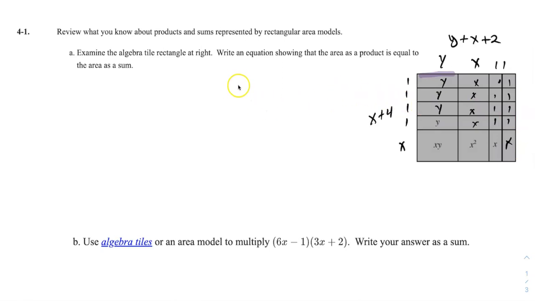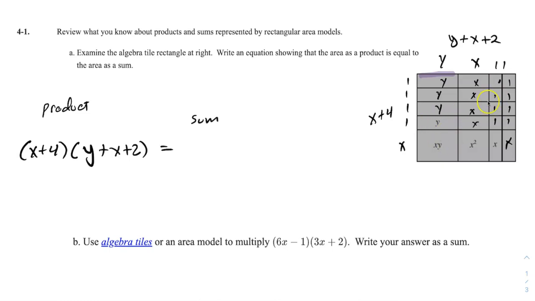Now we're going to write it as a product and sum. The product is this side, the length times the width. So x plus 4 times the top, y plus x plus 2. And then the sum is just the area of the inside.